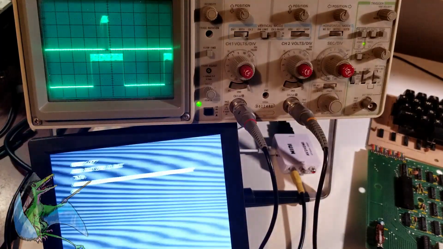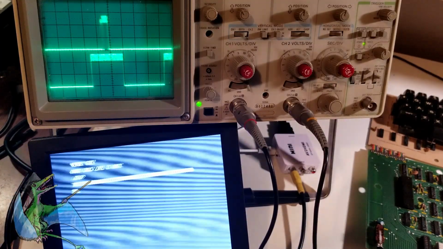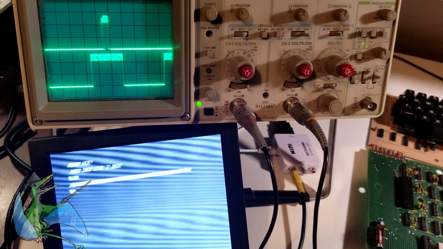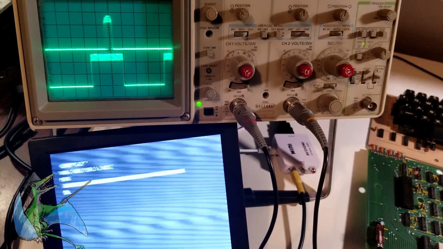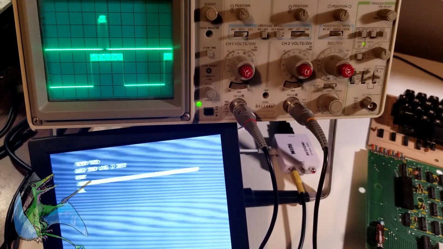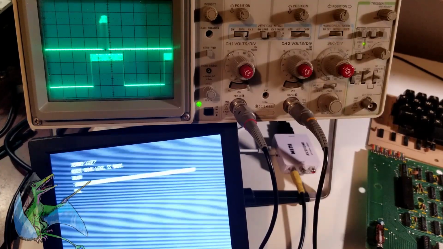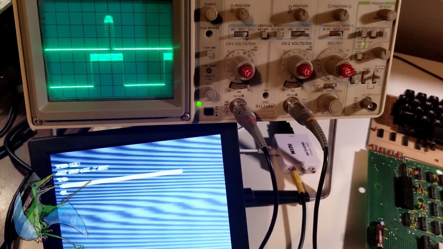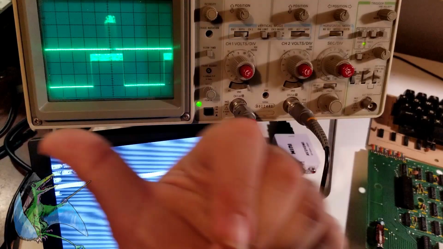But I started playing with this, and basically this increases or decreases the amount of charge that needs to go into that capacitor before it triggers the next step. And I noticed that it gets swimmier and swimmier the farther this way I go.